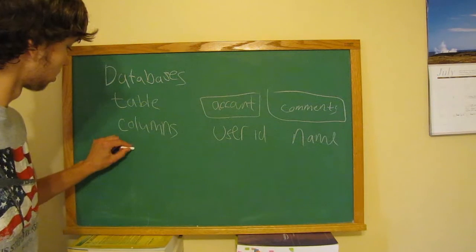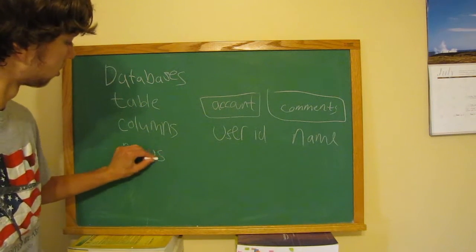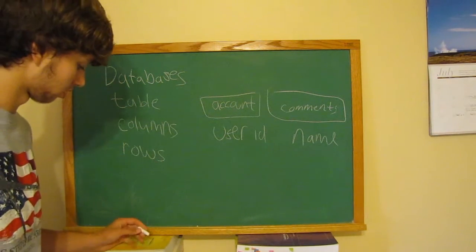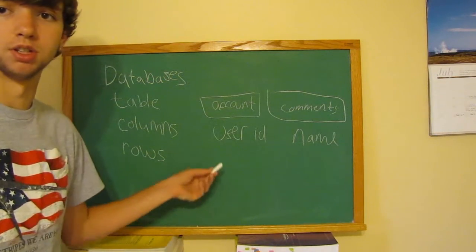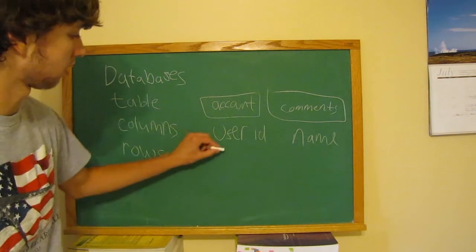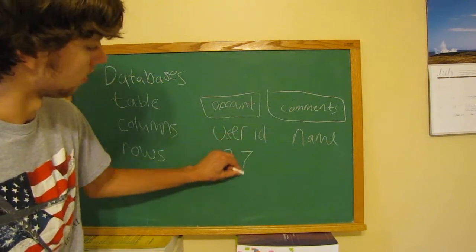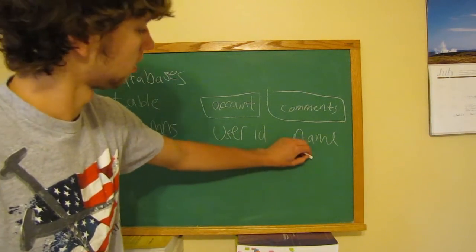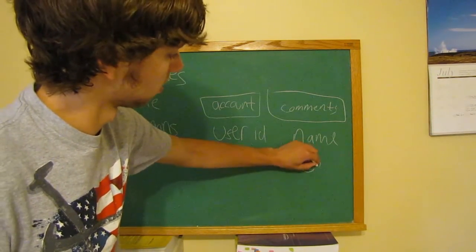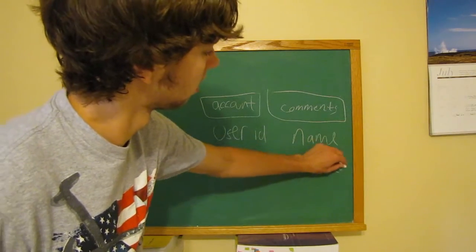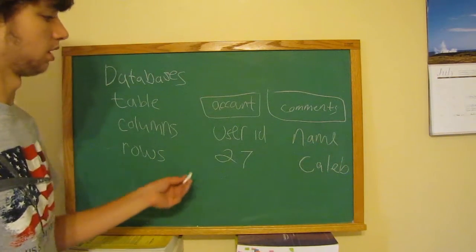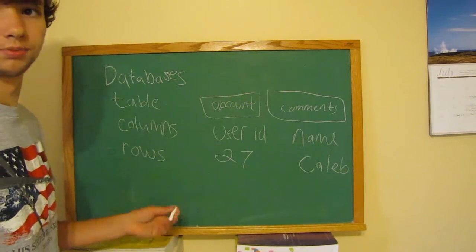Rows. Rows are pretty much individual entries into the columns. So user ID 27, name Caleb. Like that. That would be a row of data.